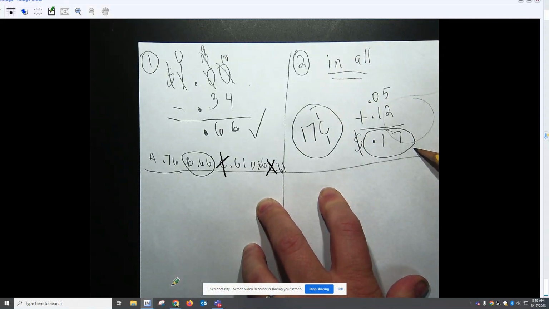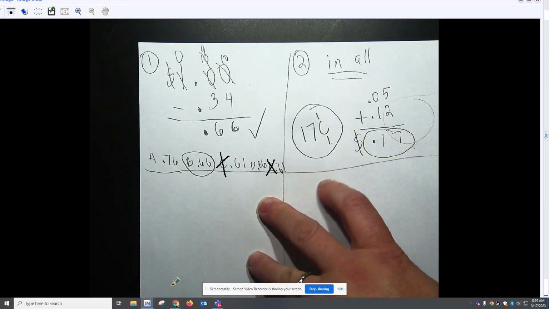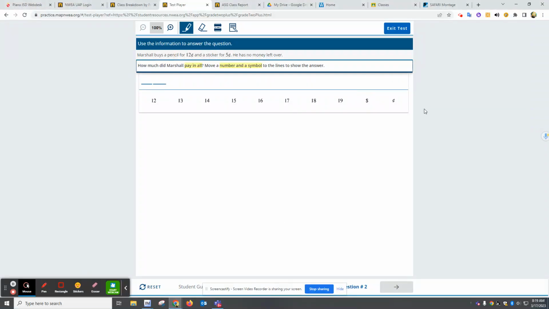This is how I write it with a dollar sign. So I need a cent sign next to my answer because when I looked at the question, there were no decimal points. So I'm going to go ahead and select 17, and then I'm going to select cents.